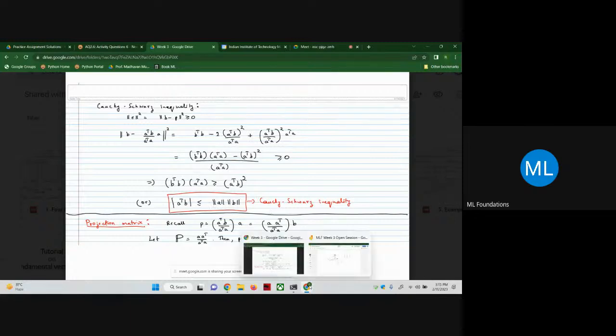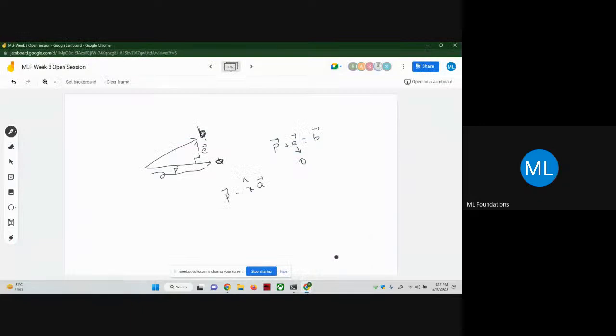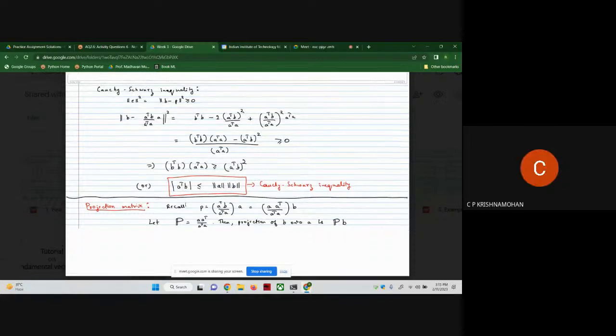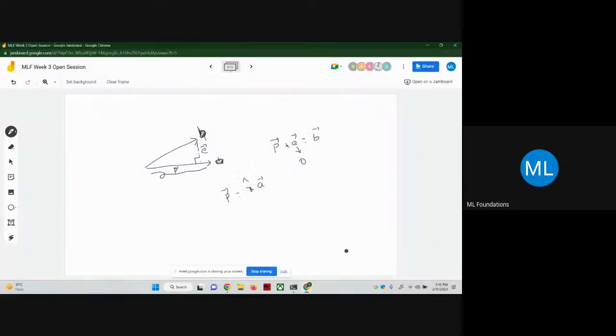This we already know, because the dot product of two vectors cannot exceed the multiplication of their lengths. The magnitude of the dot product of two vectors a and b should always be less than or equal to the product of the individual lengths, right?